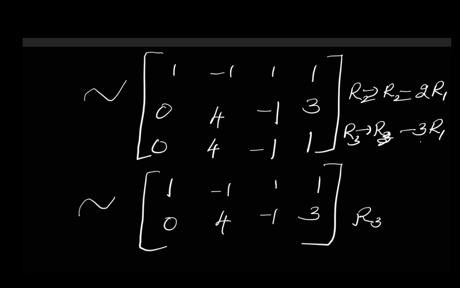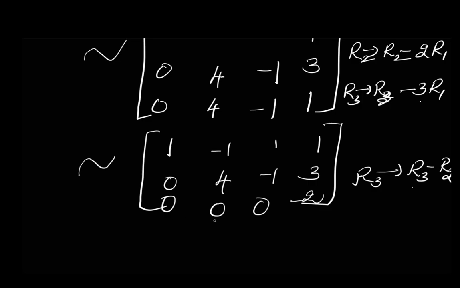So our new R3 row is R3 minus R2. 0 minus 0 is 0, 4 minus 4 is 0, then minus 1 minus, so that is plus 1, minus 1 plus 1 is 0. This is 1 minus 3, that is equal to minus 2. So when I make the second entry of the third row 0, the third entry automatically becomes 0.